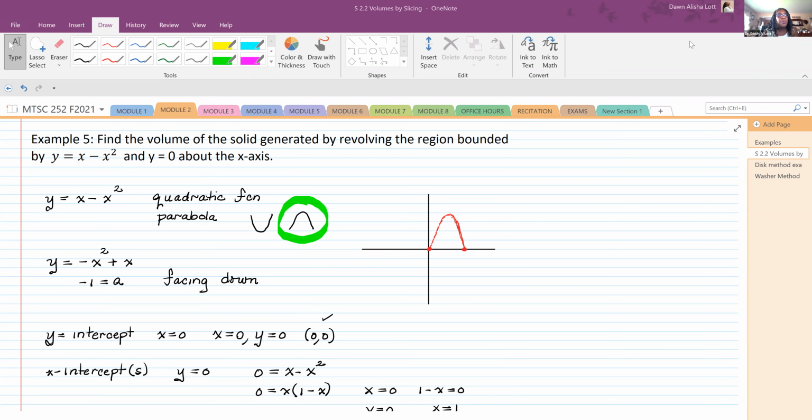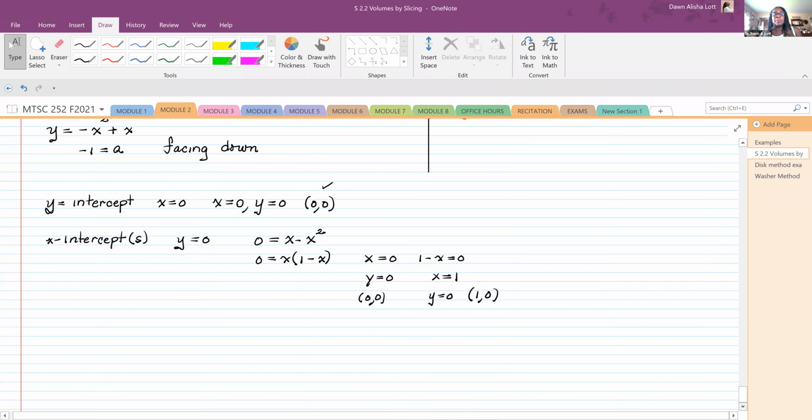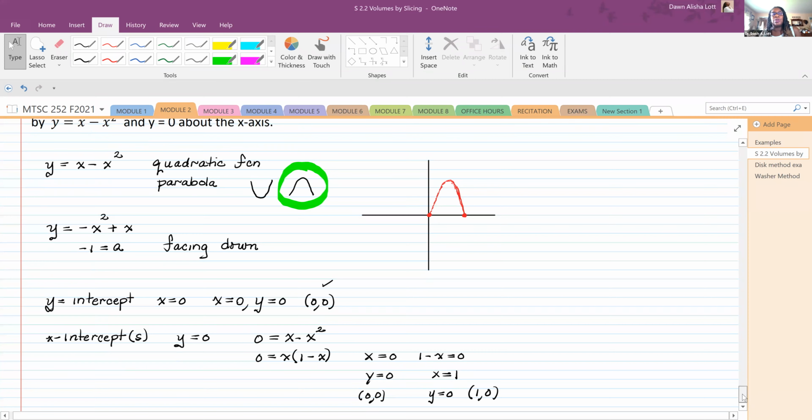Okay, is there anyone who thinks they have already set up the problem and would like to share? Again, we are trying to learn this material. Can anybody give me the formula that we're going to use?